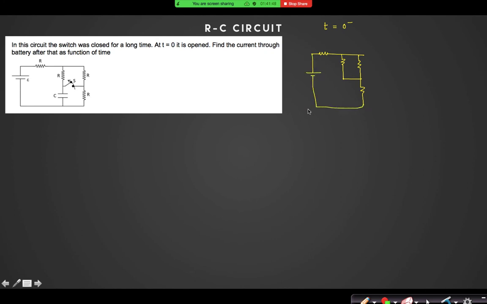Yes or no? So in that circuit, what is the current through that branch? Is it 2 epsilon by 5r? Yes, that is E divided by R by 2 plus 2R, 5R by 2.